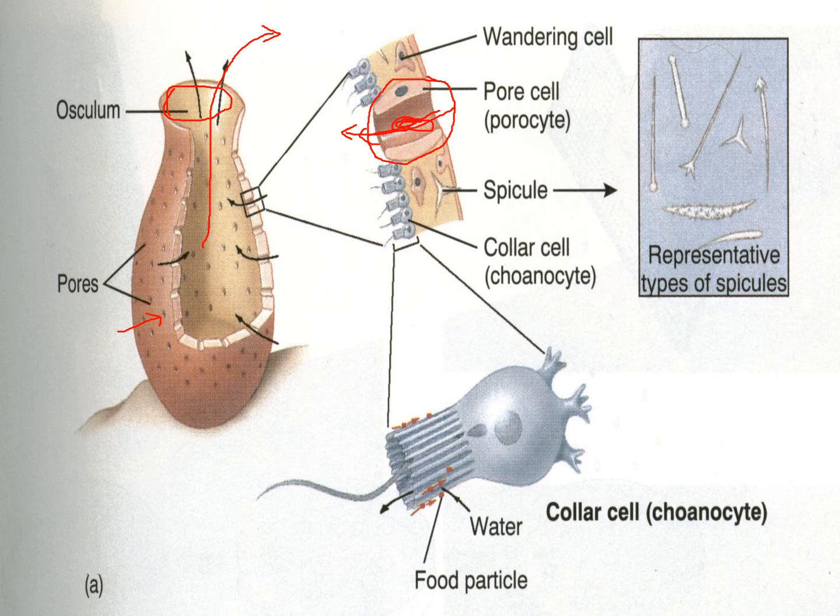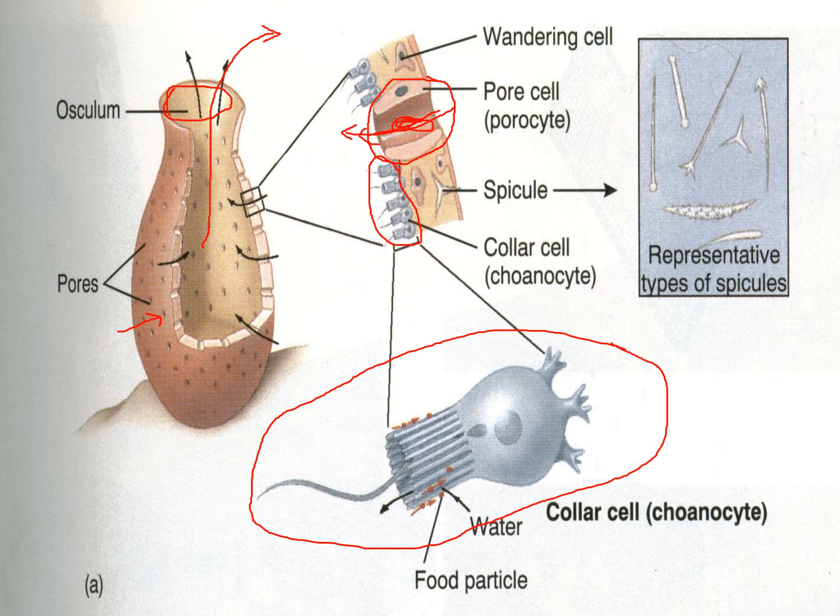And then we see the choanoderm, where the choanocytes are lined up on the inside of the body of the sponge. With this drawing here of a collar cell or a choanocyte, the reason they're called a collar cell is because they have this collar of cilia.